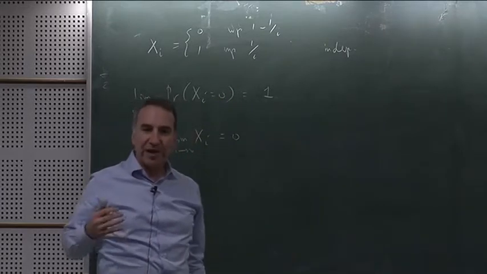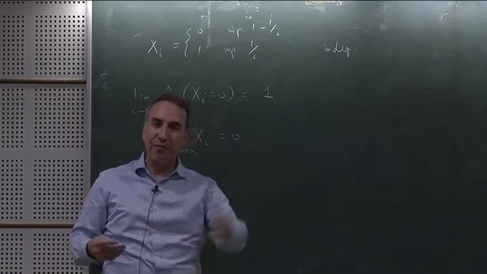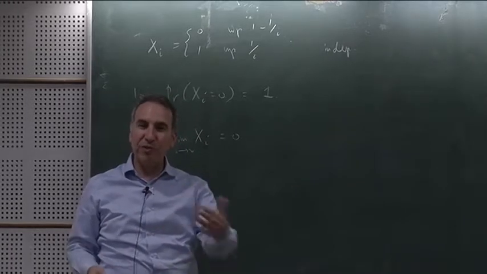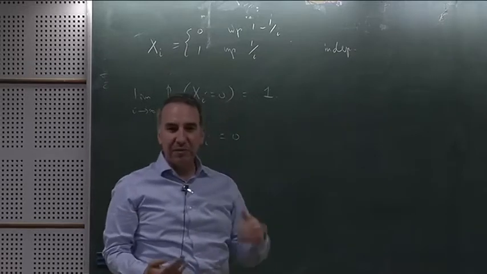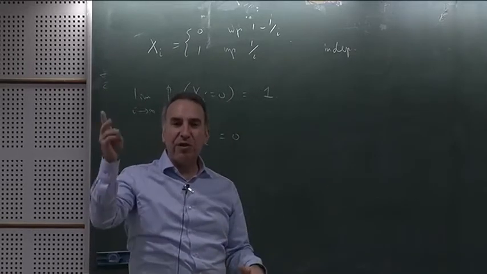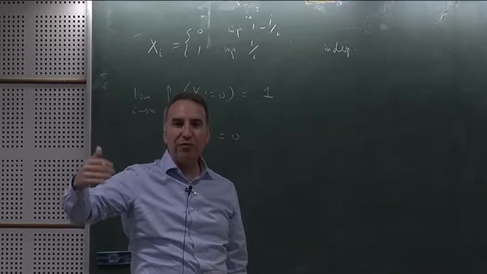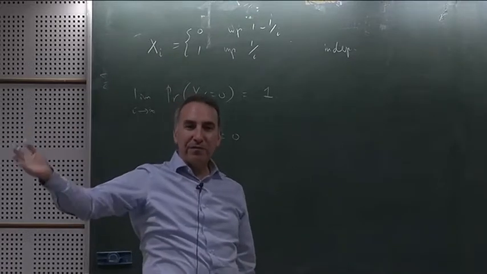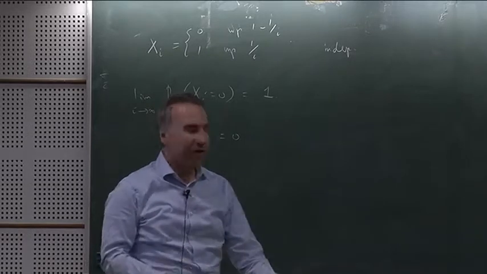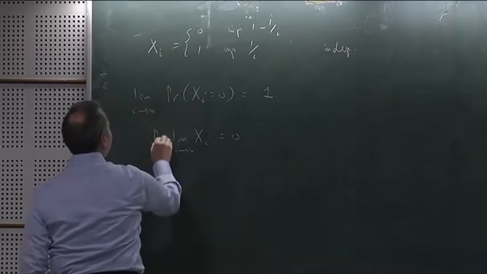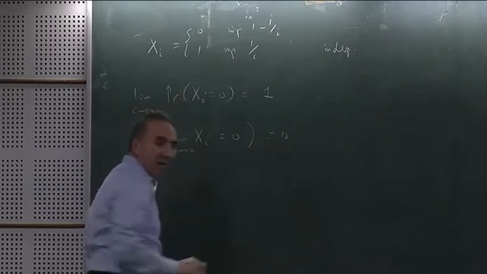The expected number of 1s that you encounter from some point on is still infinity. No matter how deep an i you choose, you're still going to see an infinite number of 1s, because the summation of 1 over i from wherever you start, if you go to infinity, is infinity. Consequently, you can never guarantee that you're never going to see a 1 again. So this probability is 0.